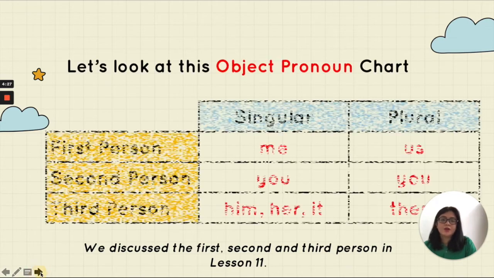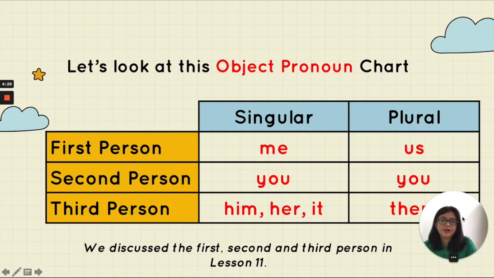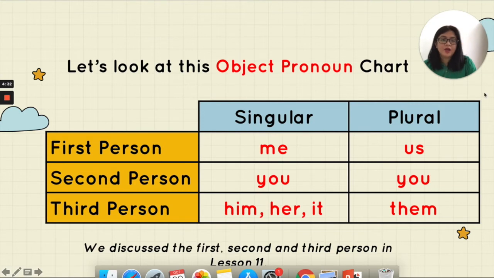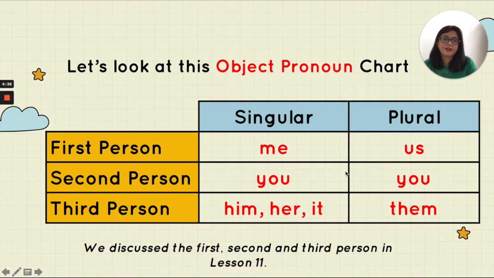Let's look at this object pronoun chart. For object pronouns, we can use different object pronouns for different persons or viewpoints of persons. We have first person, second person, and third person. We discussed this in our lesson 11. First person is the person that is speaking.